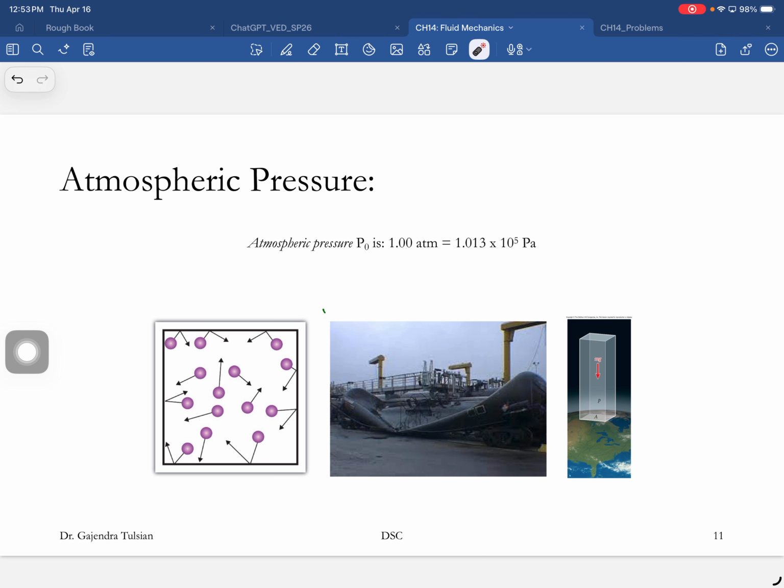So 500 times 15 is about 8,000 pounds crushing you. So why aren't you getting crushed? Because there's the same pressure inside of me. You're breathing air inside your lungs, so you have the same pressure.